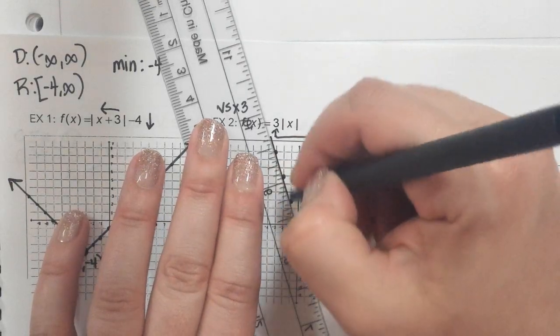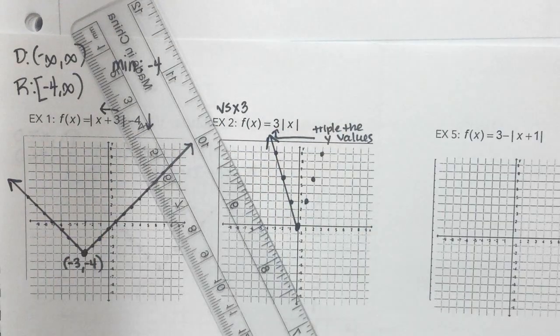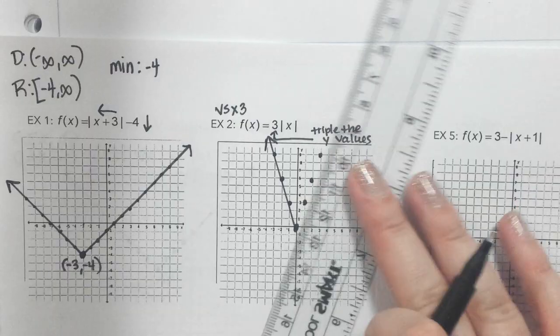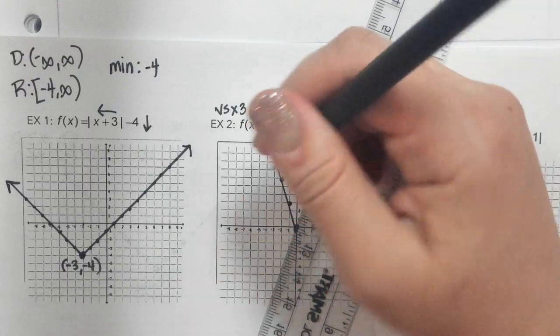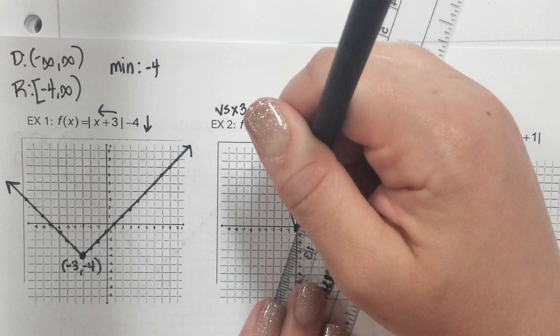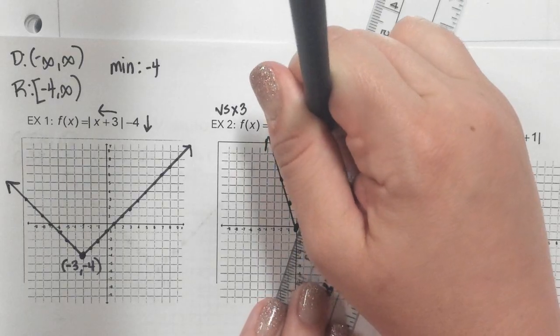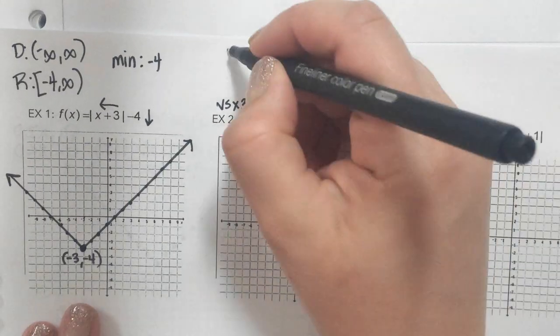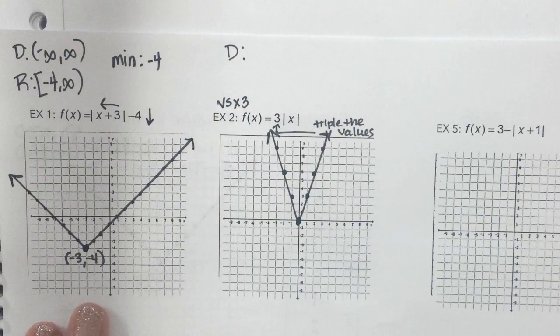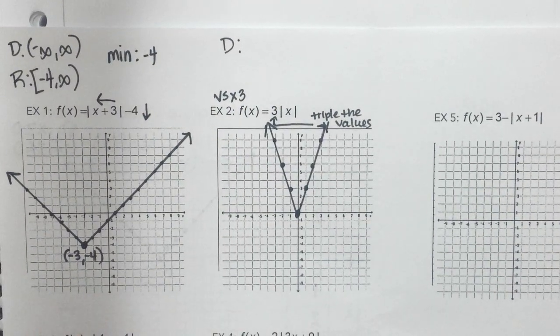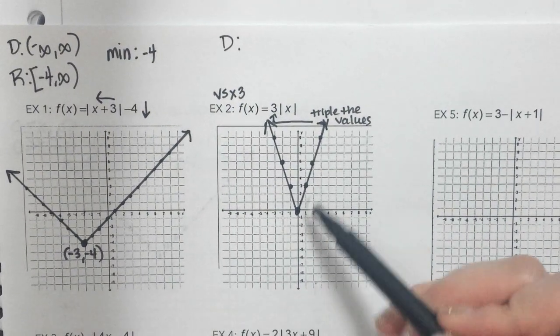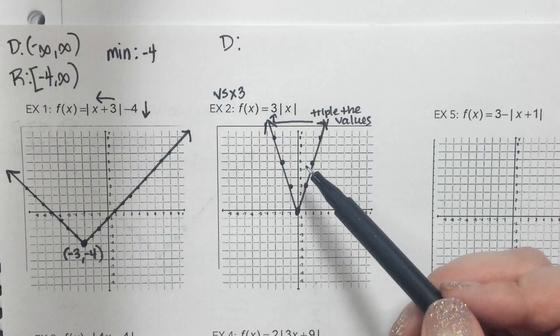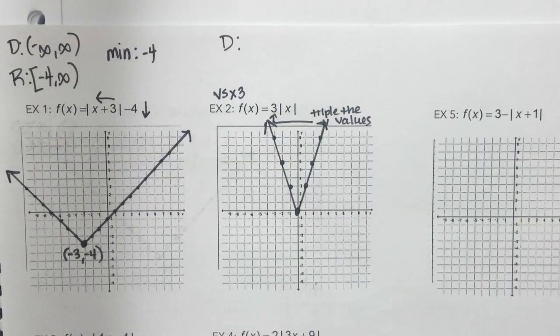Okay. Notice I'm filling my graph, using all the space that I have for this graph. Is everyone okay with where we got these points to graph? Okay.